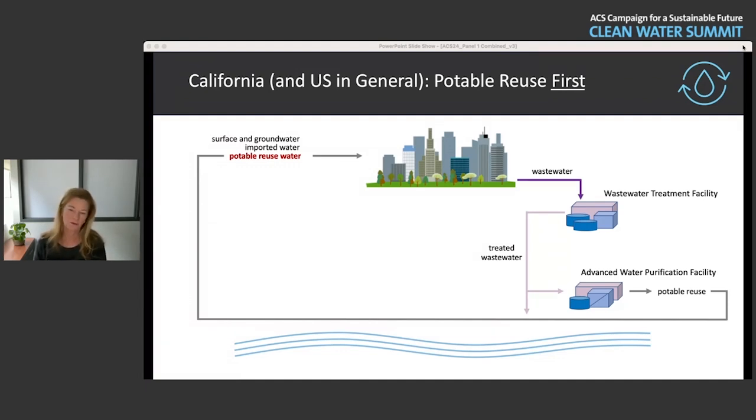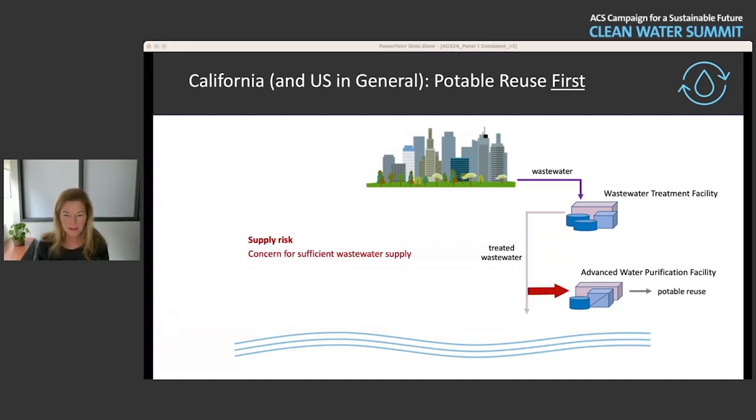And now what we've been looking at for more than a decade now is advanced water purification, or treating that water to very high quality so that it can be reused for potable purposes. And so you can see the loop here going back from our wastewater back to our supply. So next slide.